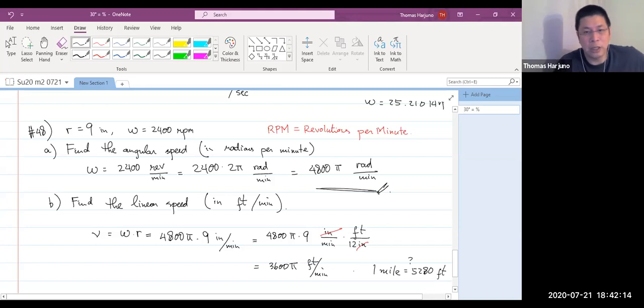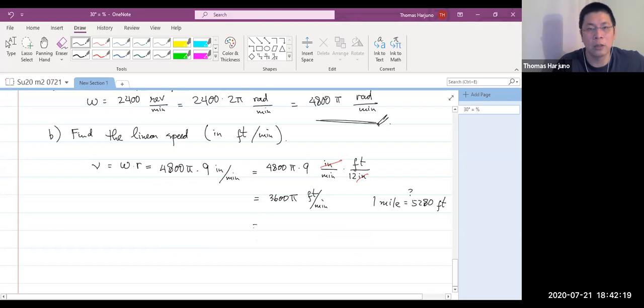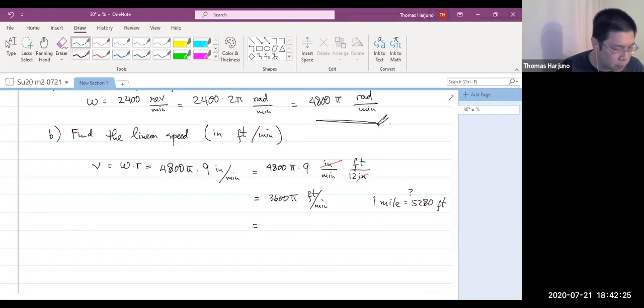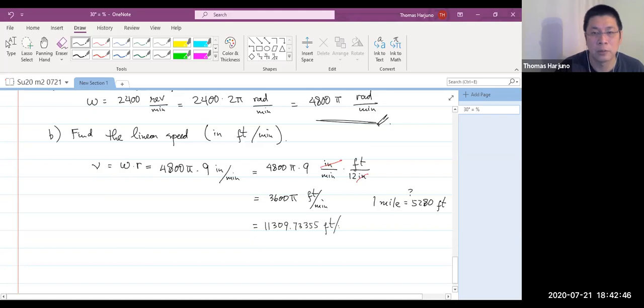Now this 3,600 pi feet is definitely more than that. That's the exact solution though. If I want the approximate solution, that will be about 11,309.73355 feet per minute. Actually, it's more than 2 miles.